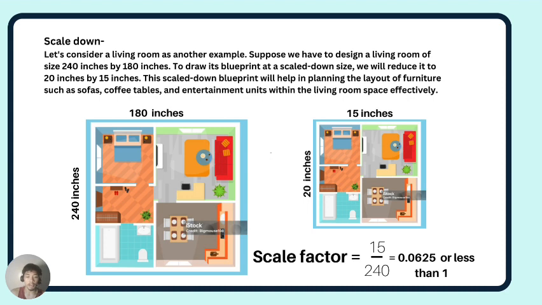Our smallest figure dimension would be 15 inches divided by our largest figure dimension, which is 240 inches, which results in 0.0625, or less than 1. With the scale down, it is always less than 1.